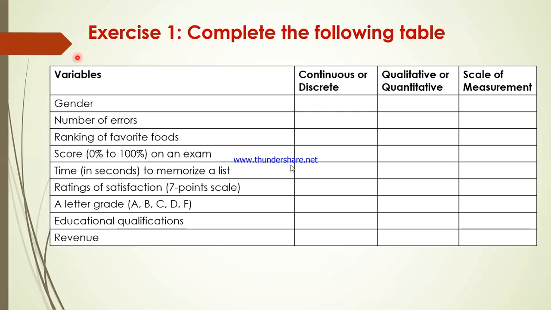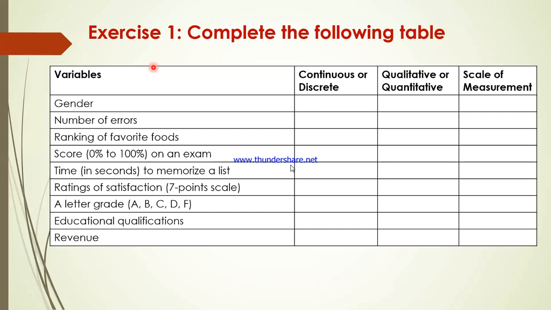Right. Then we are looking at the number of errors. This is a variable, number of errors. Then to identify whether it's continuous or discrete, first we have to decide whether in a certain interval it is possible to take any value or just individual values.